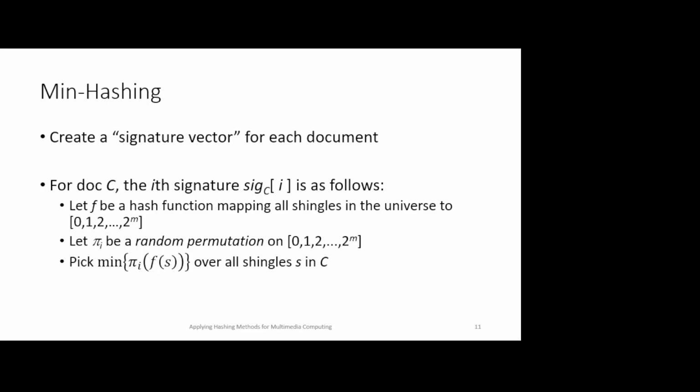After your permutation, we pick the minimum value as your signature. So this is the pipeline for how to generate the signature for the document. This is why we call it min hash, because we pick the minimum hash value from the permutation function.